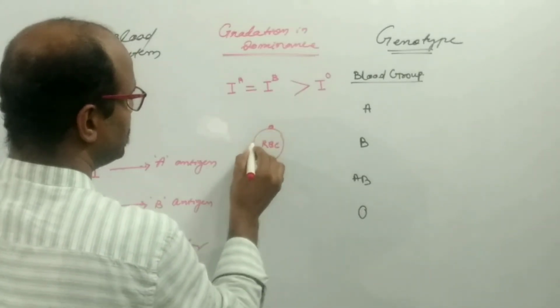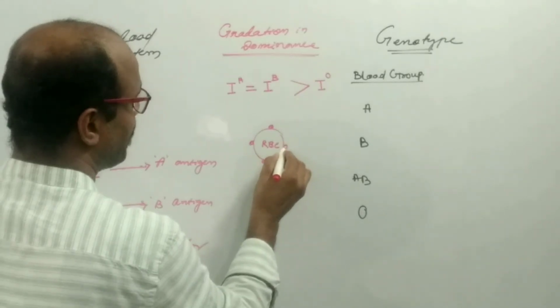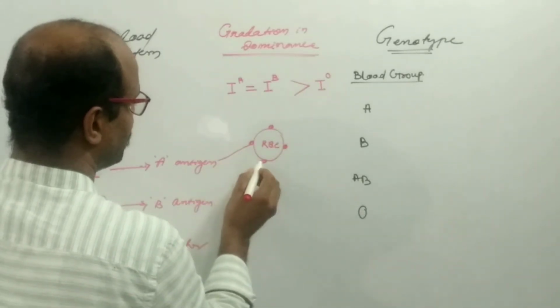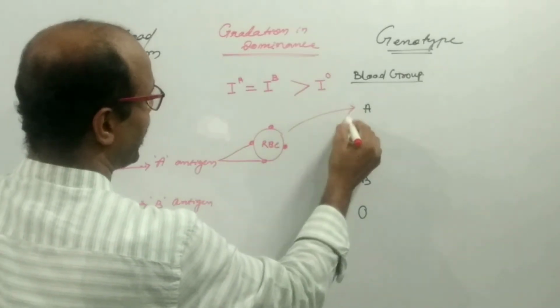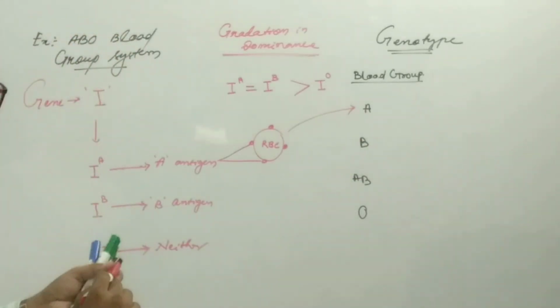If only A type of antigen is present, then this is known as the blood group A.